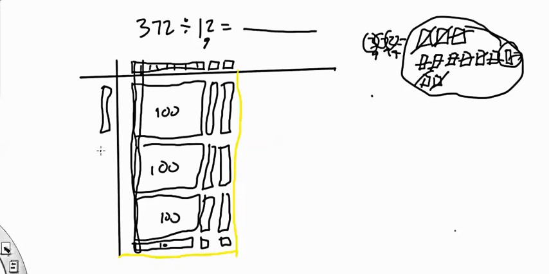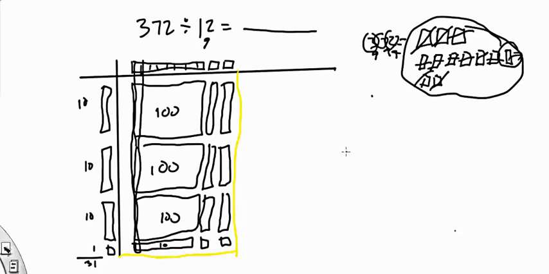A 10 here, a 10 here, because remember we're figuring out how many apples go into 12, 372 apples are going into 12 baskets equally. And then there's 1 here. So we have 10, 10, 10, and 1. 10 plus 10 is 20, plus 10 is 30. Add a 1, it's 31.